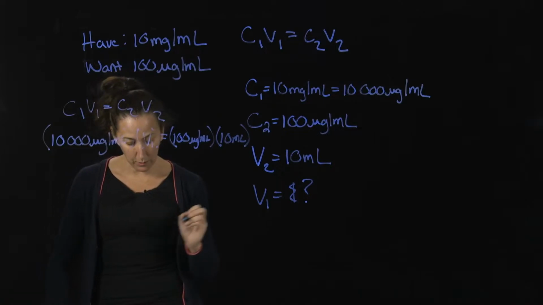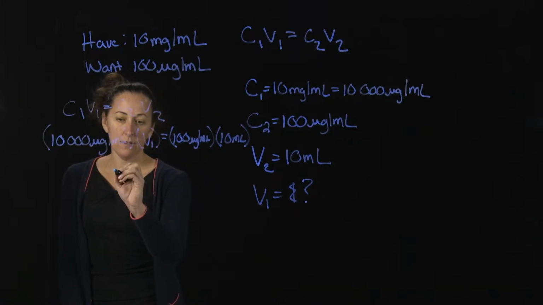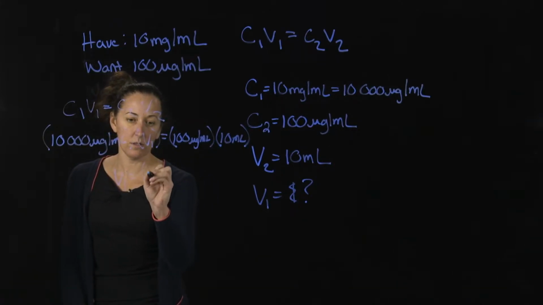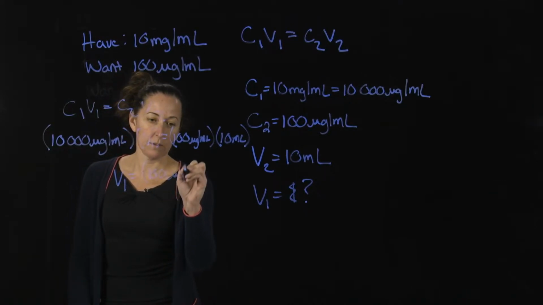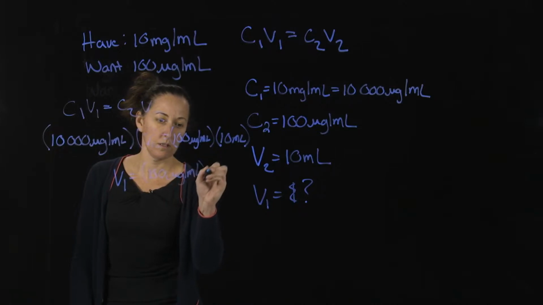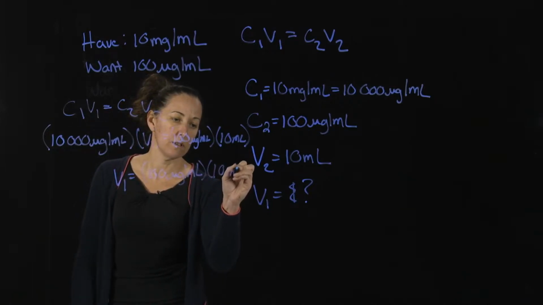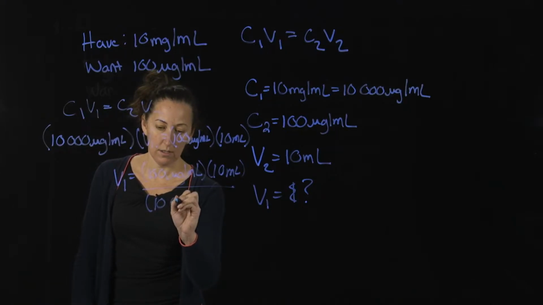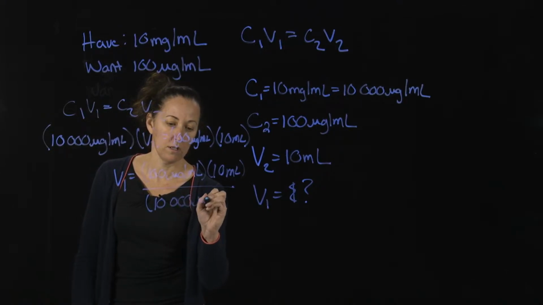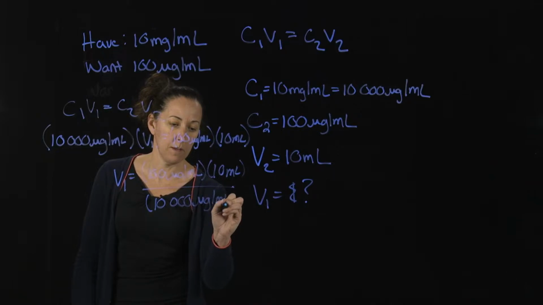All right, so we can reorganize. V1 equals 100 micrograms per mil times 10 mils over 10,000 micrograms per mil.